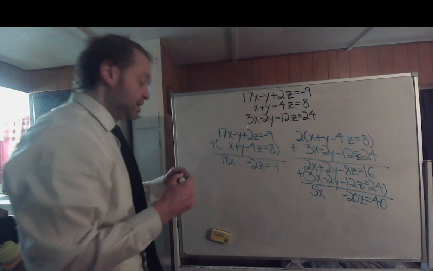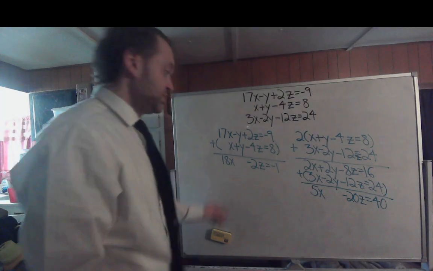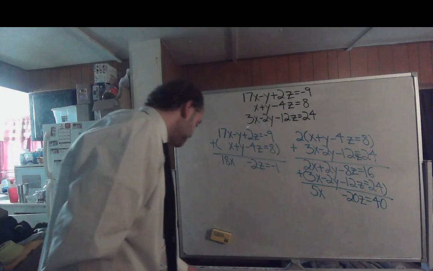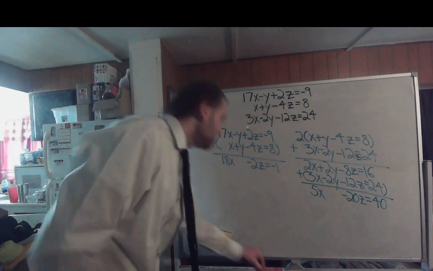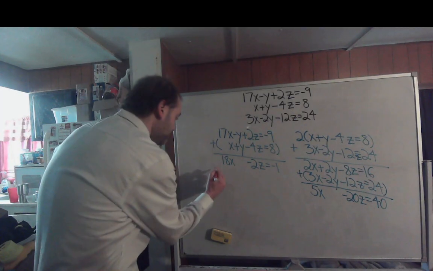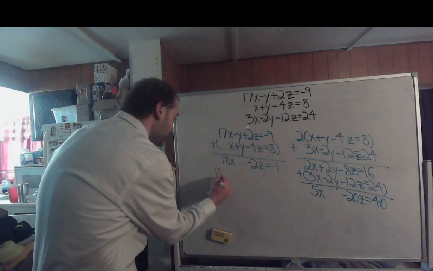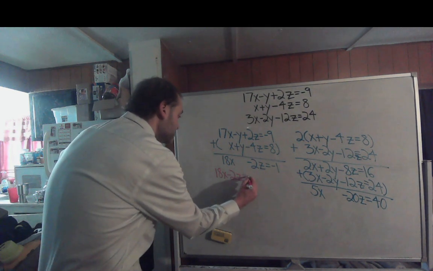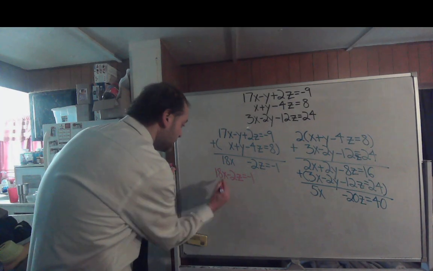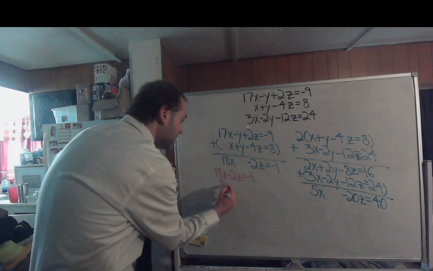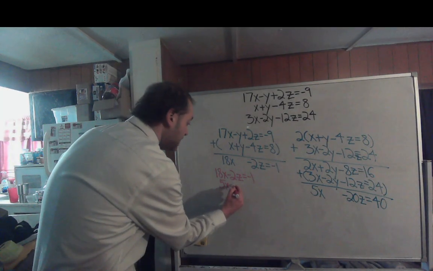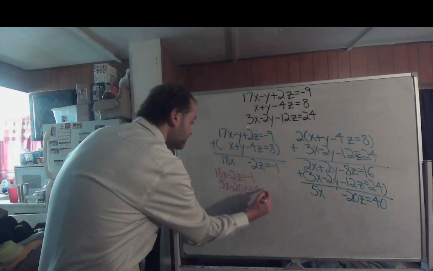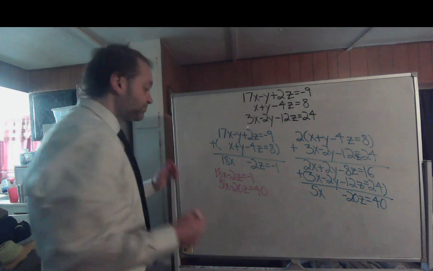All right. Now I have reduced this down to two equations with two variables. I'm going to end up with 18x minus 2z equals negative 1, and then 5x minus 20z equals 40.